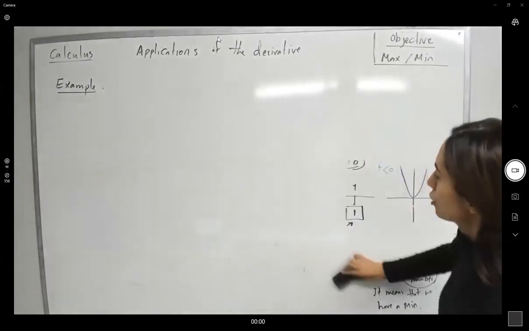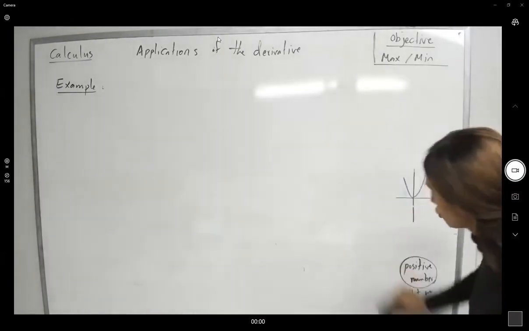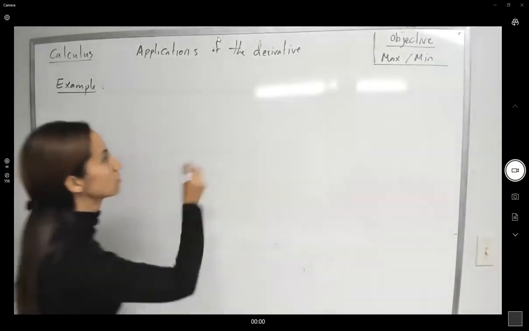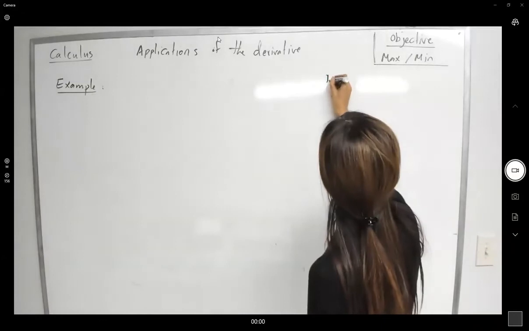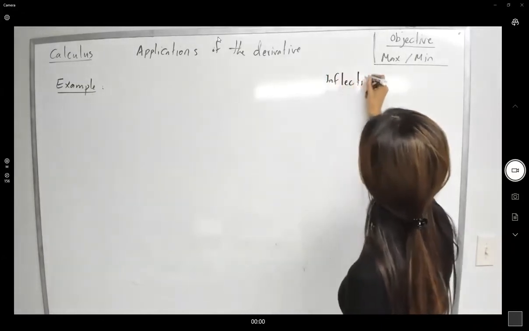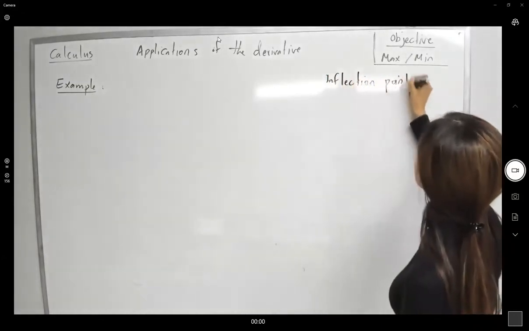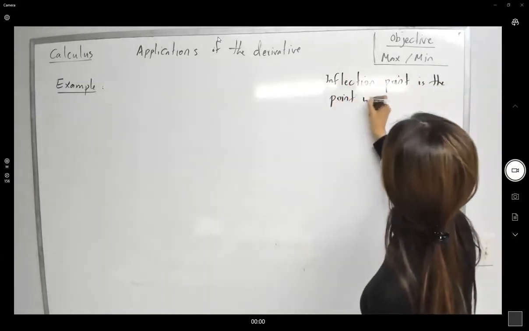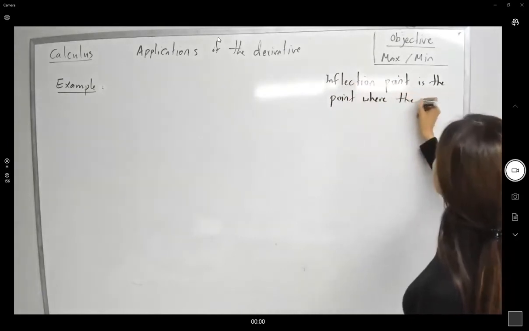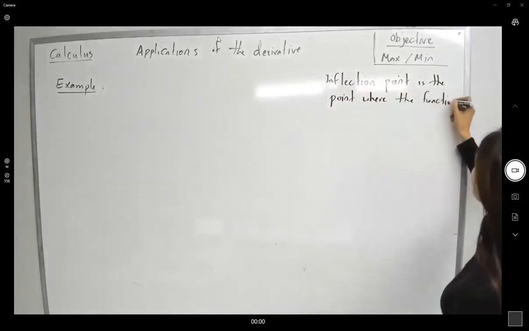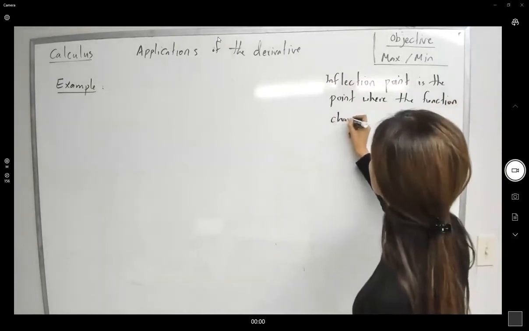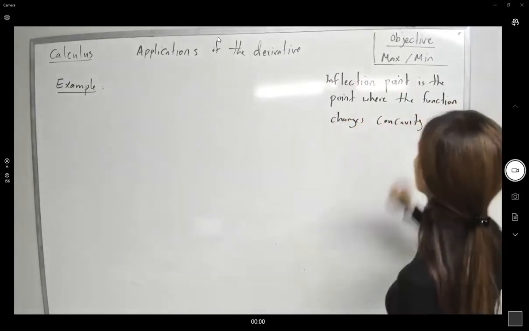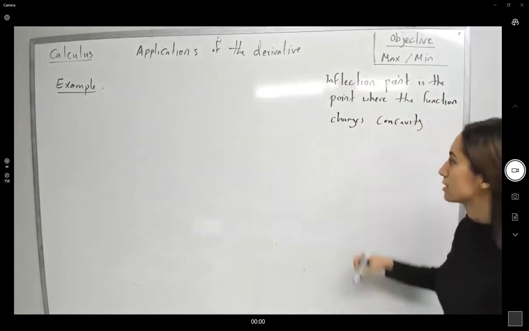So inflection point is the point where the function changes concavity. Well, the graph might look like this.